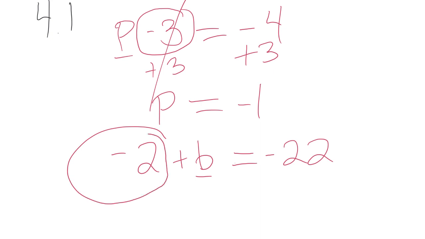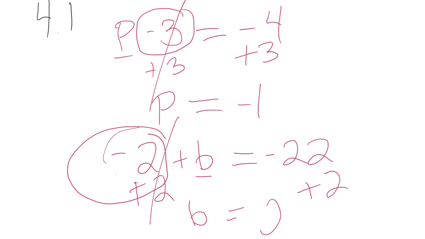So even though this is an addition problem, negative 2 plus b, you notice we need to get rid of the negative 2, so we're still going to add 2 to both sides of the equation. We're left with b over here. Negative 22 plus 2 would give us negative 20. There you go. Addition and subtraction, all you do is watch, see what the operation is, do the opposite.